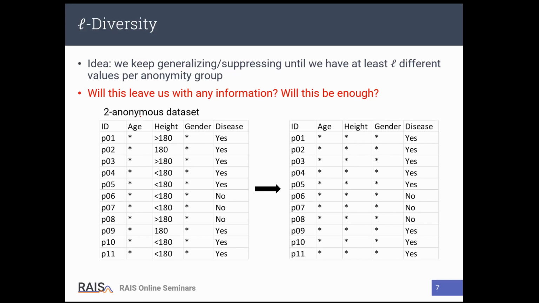But at the end of the day, the problem is that this kind of anonymization is not done with some computation in mind. Anonymity doesn't have the purpose of making you do some computation on this data.